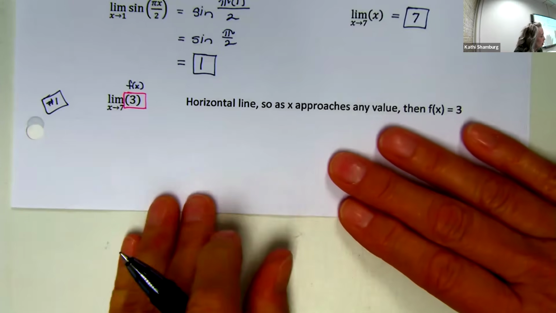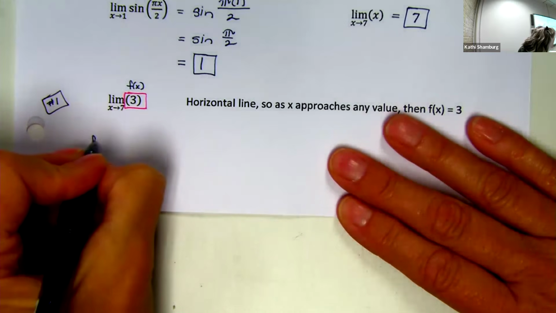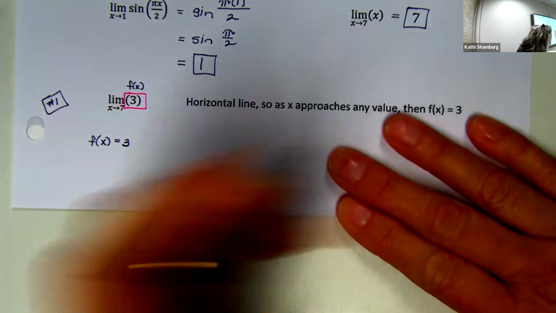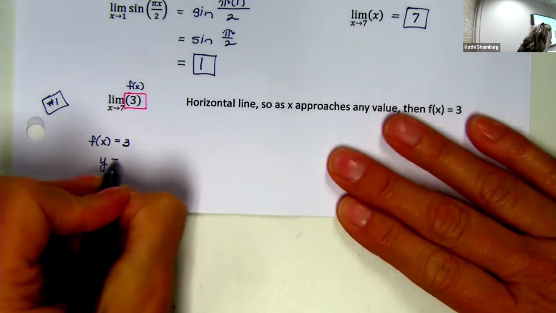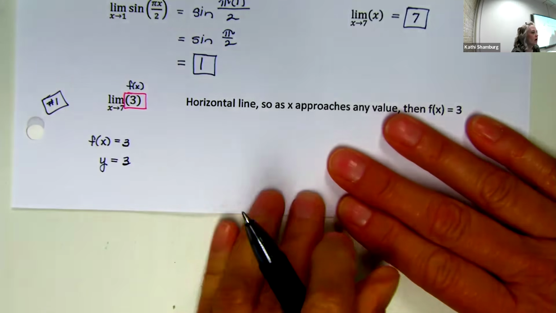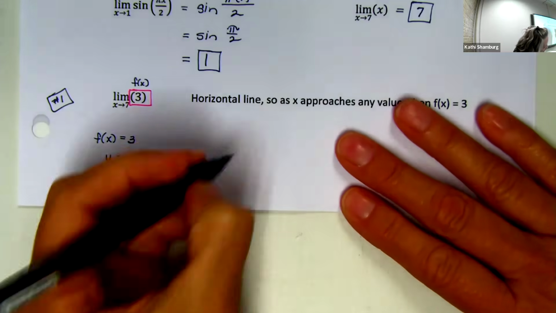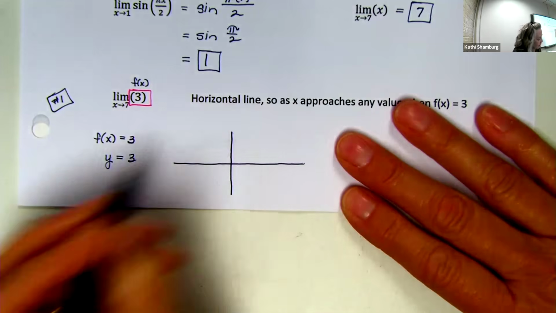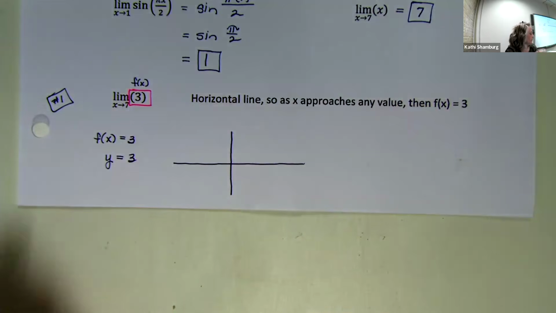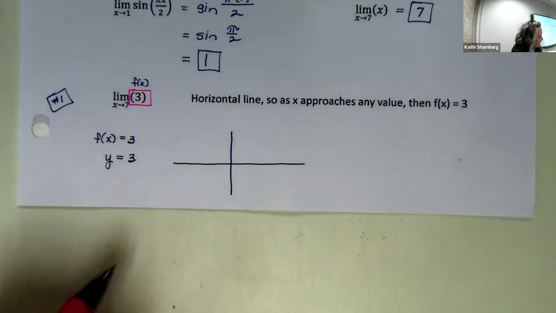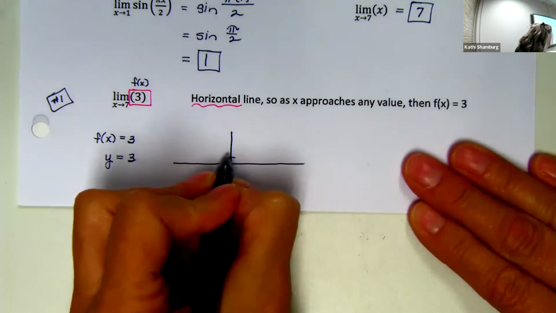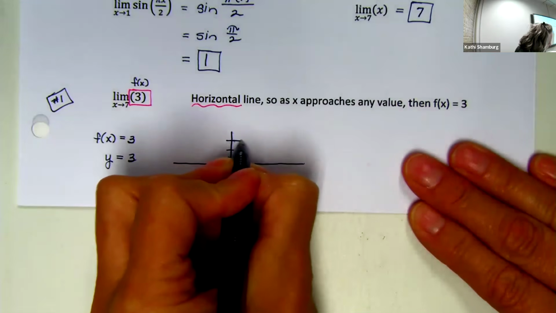So if I were looking at a graph, then f of x is equal to that constant 3. If I wanted to look at it as what we're used to seeing in algebra, that means the same thing. I asked you to graph y equals 3. What type of line does it give me? It crosses the y-axis at 3.